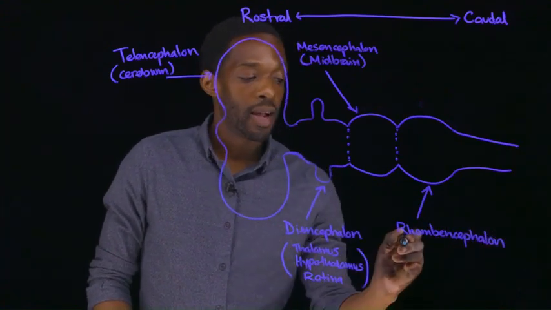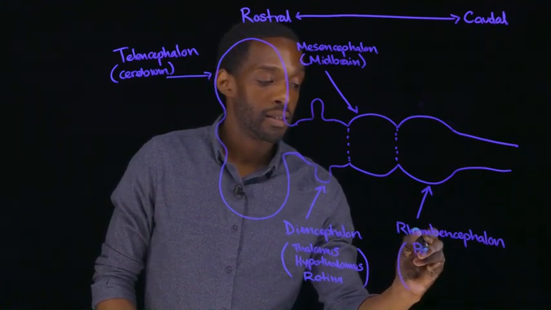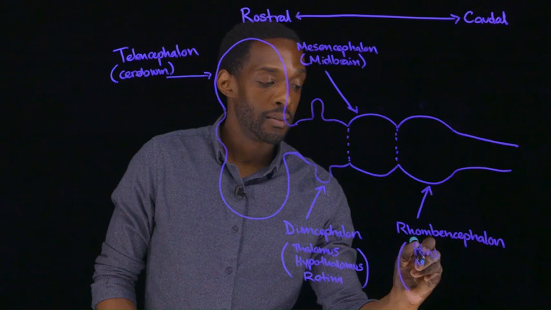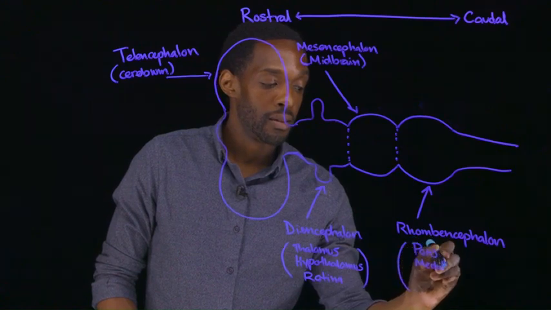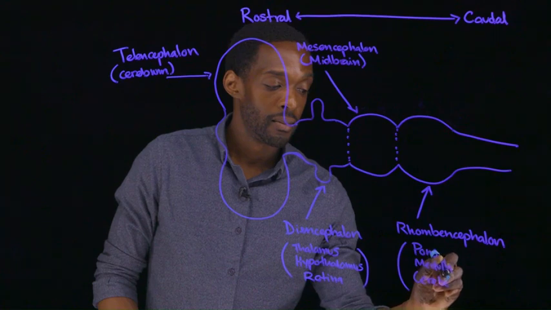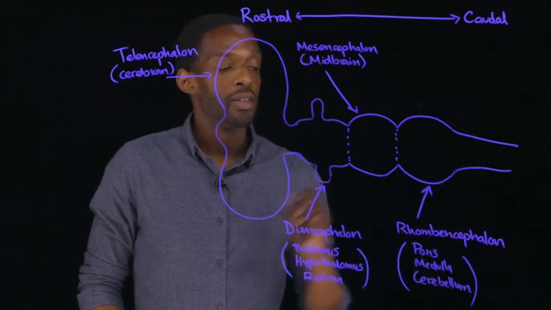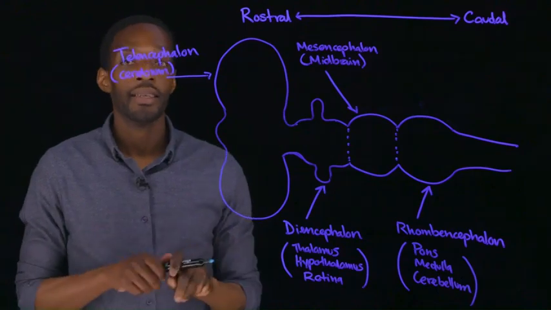This structure will give rise to several tissues, including the pons, the medulla, and also the cerebellum. The remaining parts of the neural tube that I haven't labeled would give rise to the spinal cord.